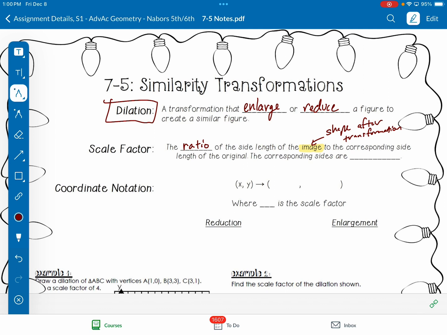It's not the original, it's the new shape that was created by the transformation. We call the original the pre-image. That's just some important vocabulary. And again, since these are similar figures, the corresponding sides are going to be what?